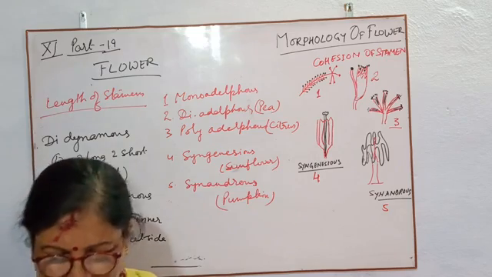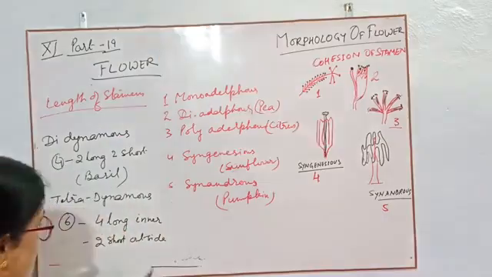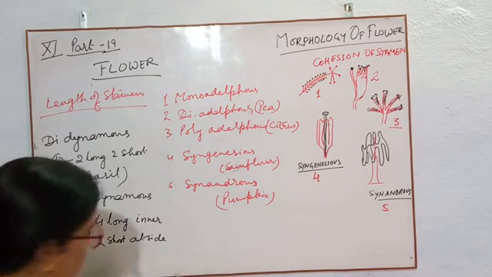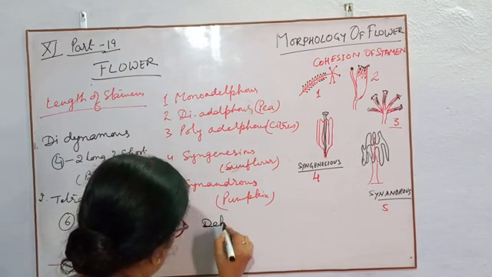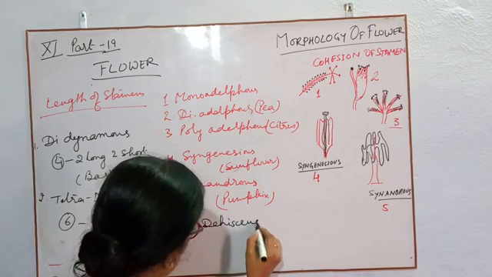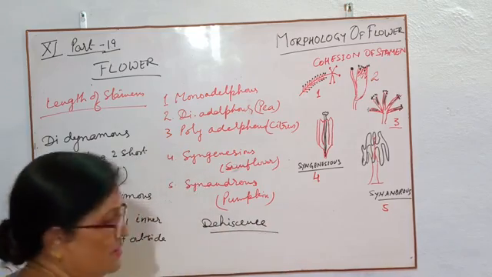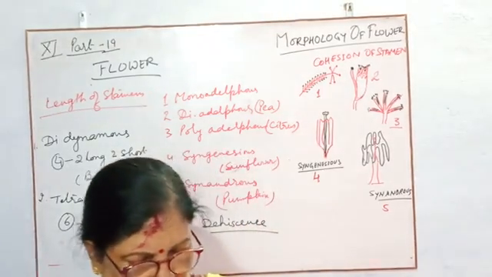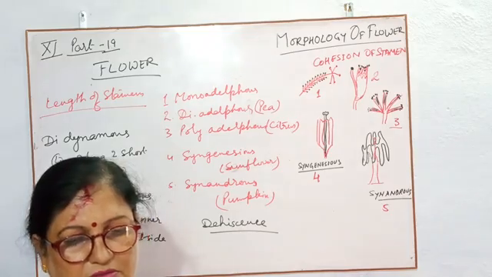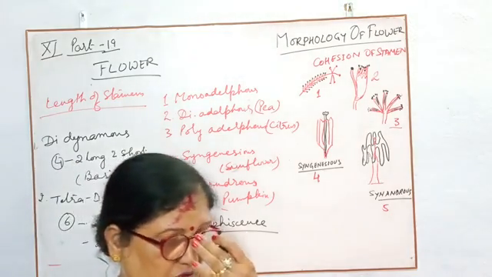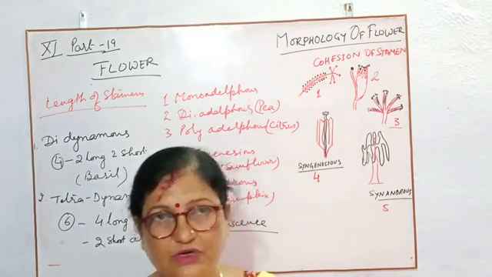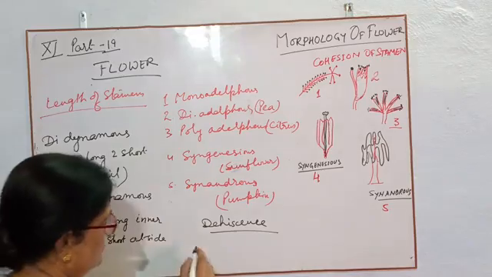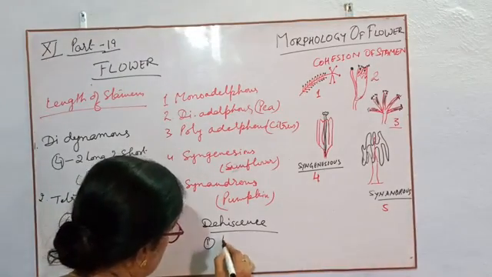Now children, dehiscence of anther. As you know, in human beings also there is extrovert and introvert. So there are also two types of dehiscence.